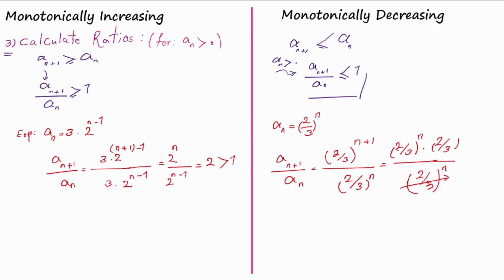These two terms cancel each other out, and the fraction is equal to 2 divided by 3, which is less than 1. So since the quotient is less than 1, we can say that this sequence is monotonically decreasing.